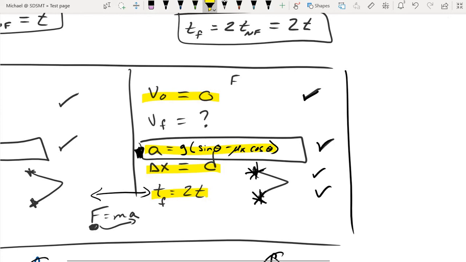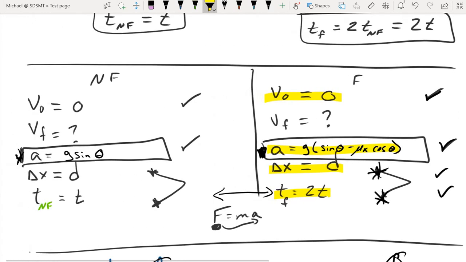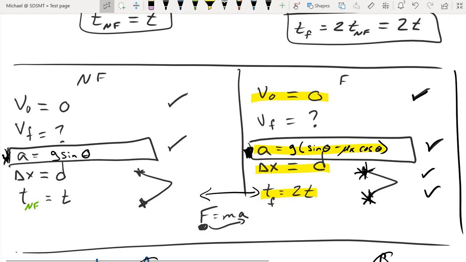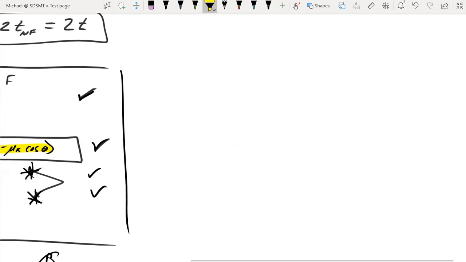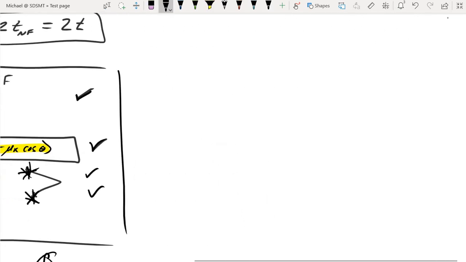I'm going to take those four values, plug those into a kinematic equation, and I'm going to use the same four values from the non-friction case and plug that into a kinematic equation. Because I'm using the same four values, I can just use the same kinematic equation for each.